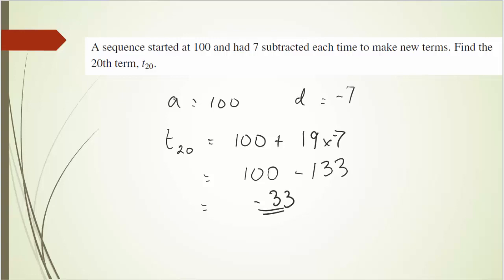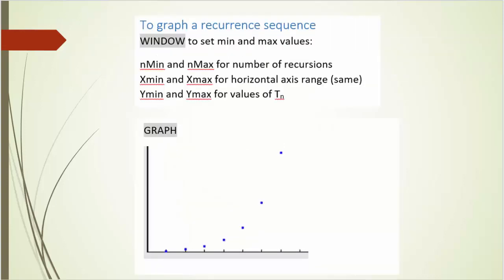Alright, that's some examples. Just quickly about graphing them. You've already put the recurrence relation into your graphics calculator. Well, if you want to actually see what it looks like, you press Window and you've got 3 things to set. Depends which values of the sequence you want to plot, but whatever it is, you want to make sure that n-min and n-max shows you whether you want the first up to the 15th or whatever.